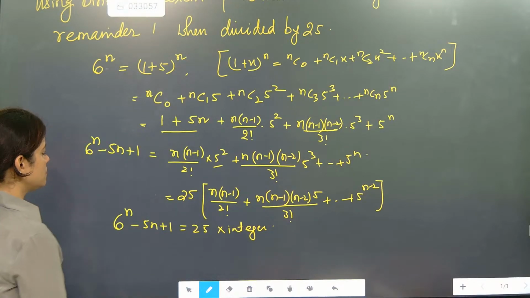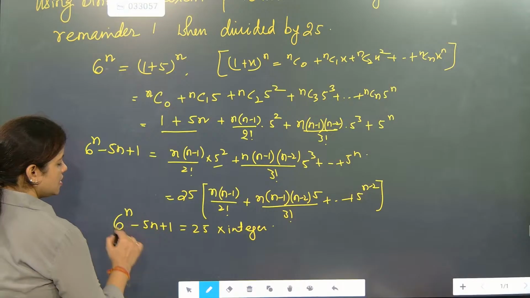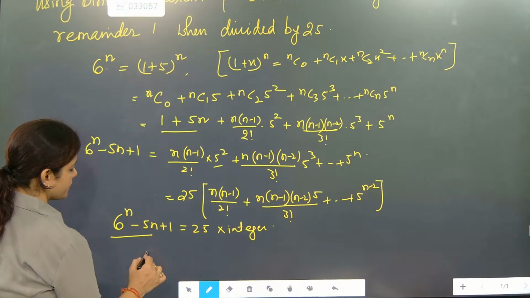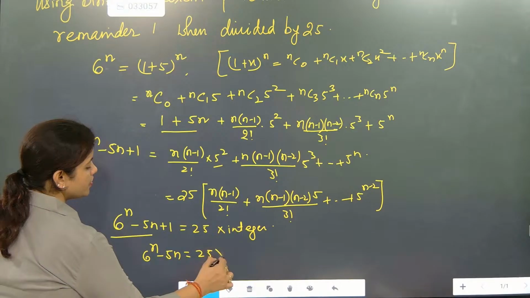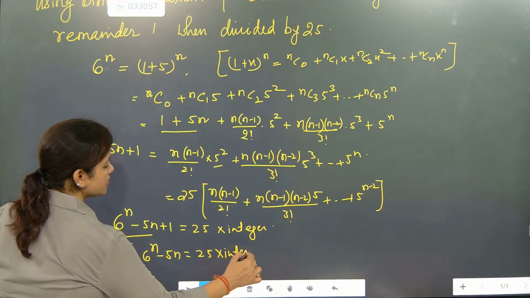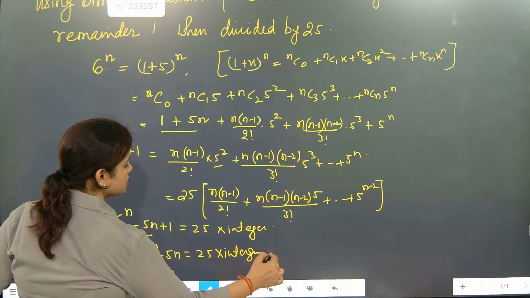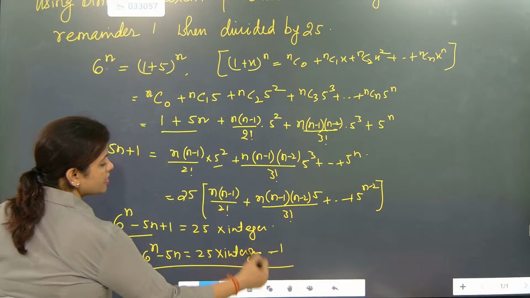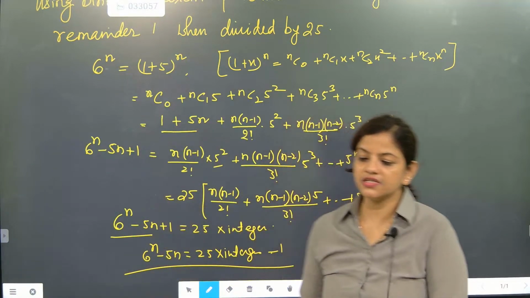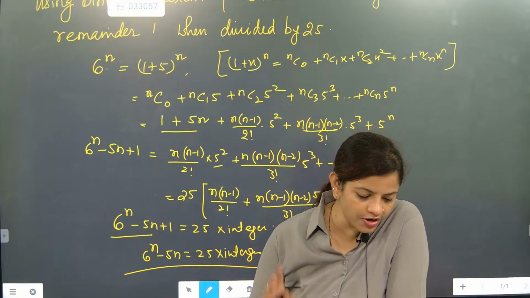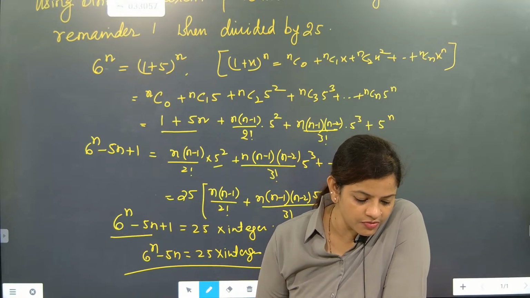Okay, now if you are writing 6 to the power n minus 5n is equal to 25 into integer minus 1. So what is the remainder coming here? The remainder coming here is 1. And this is exactly the problem. The remainder, sorry, is minus 1.